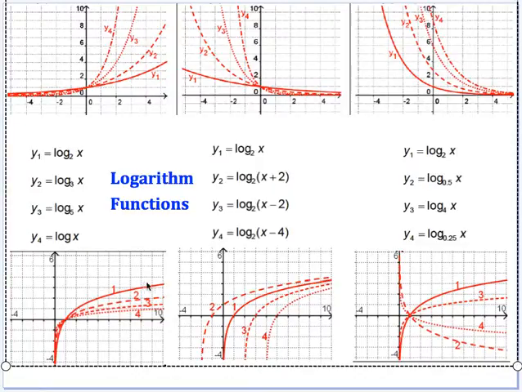So right now I just want to compare your graphs. With exponential formulas, you're going up like this, but with logarithms, you have the same basic curve, but you have a vertical asymptote at your y-axis, and then you have this type of curve. So it's almost like an inverse curve, basically.